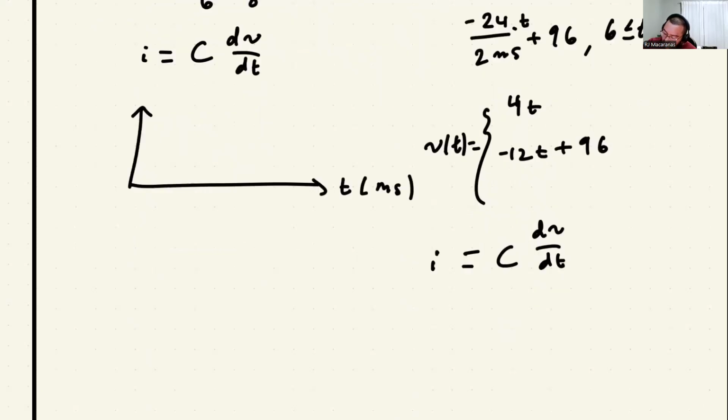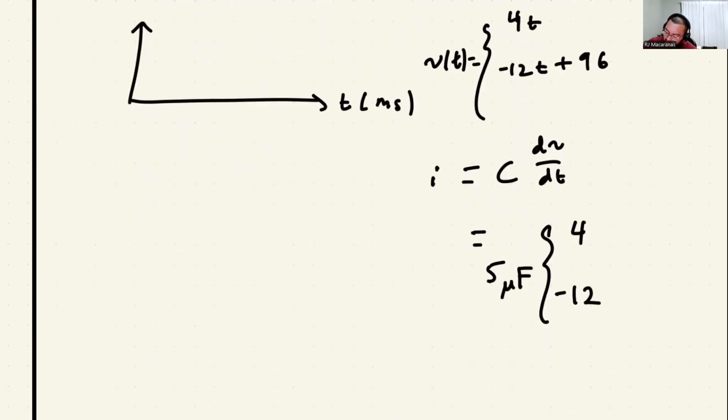If I take the derivative of my 4t there, I get 4, right? So I'm going to get 5 microfarads times 4, and also times minus 12.